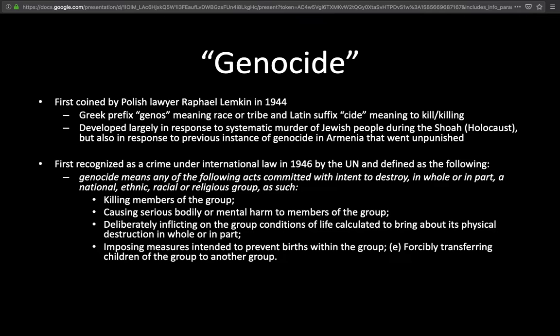So taking children away from their parents or forcibly sterilizing the group. And when I say the group, I'm referring to the targeted group.